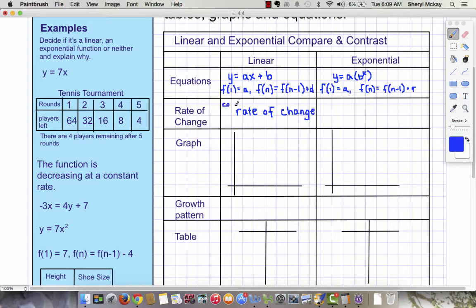I'm going to write constant up here. And for an exponential, we call it a constant factor of change or change factor.